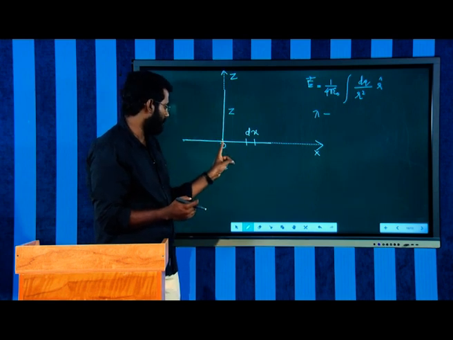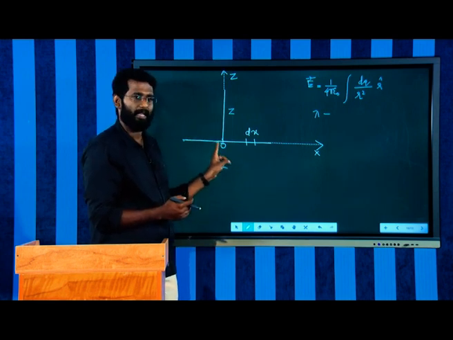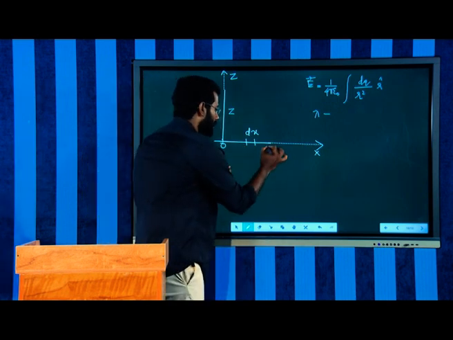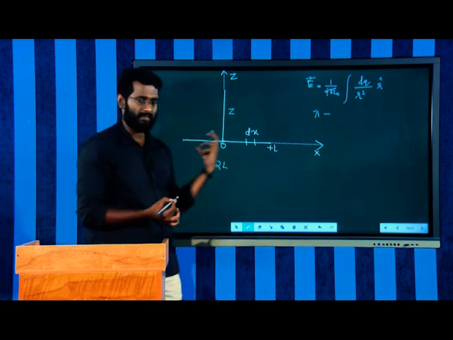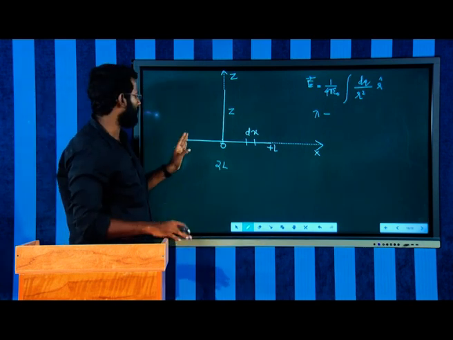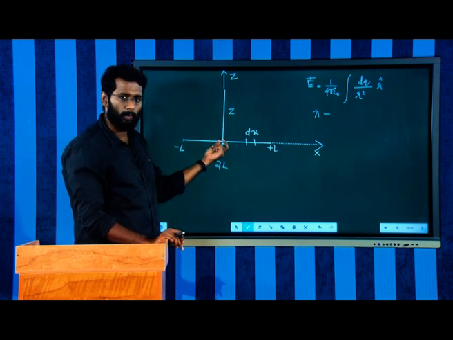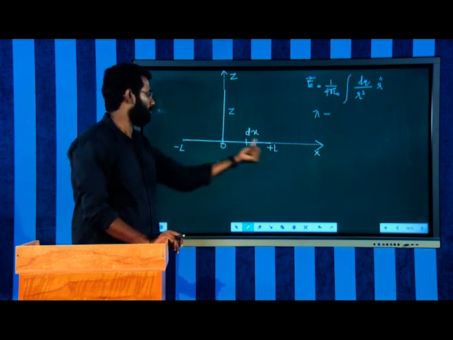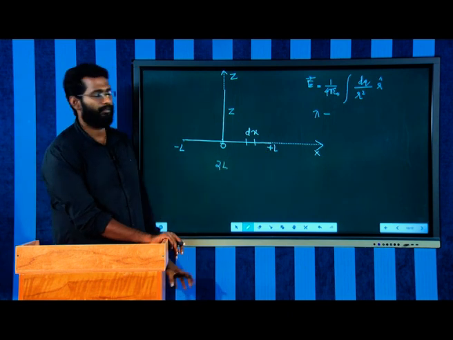That means, if O is the center of the line, then up to this point will be plus L on the axis and this point will be minus L. So, minus L to plus L means a total length of 2L.